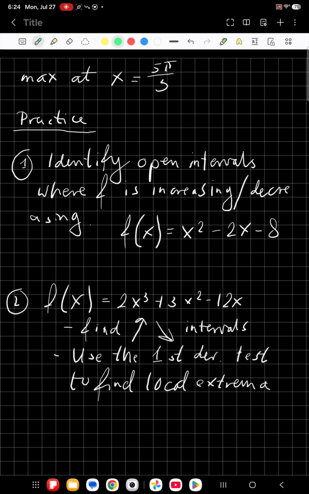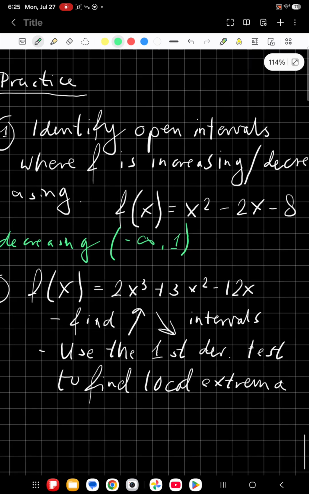So the first one, decreasing. I have that from negative infinity to 1. Right, so that critical number is 1. And then increasing, can I squeeze it in here somewhere?